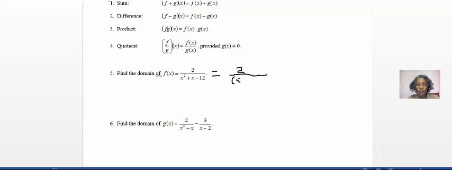This denominator factors into x plus 4 times x minus 3, and essentially I need x plus 4 times x minus 3 to not equal 0.